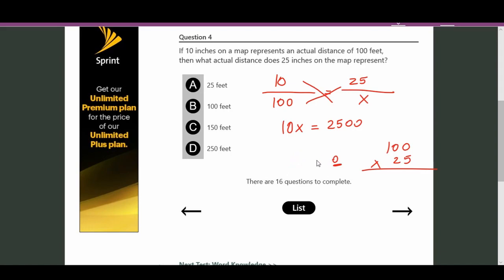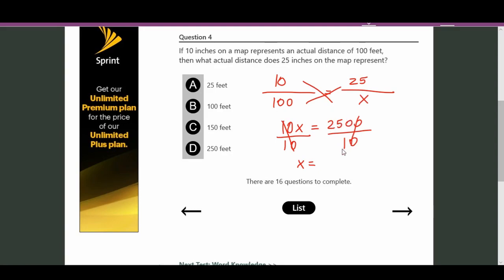So with that out of the way, we can go ahead and solve. Again, we're solving for x in this case, so I'm going to divide both sides by 10. This is going to cross out. Again, I'm going to have x equals 2,500 over 10, and I can just cross out these corresponding zeros, which will leave me 250 divided by 1.